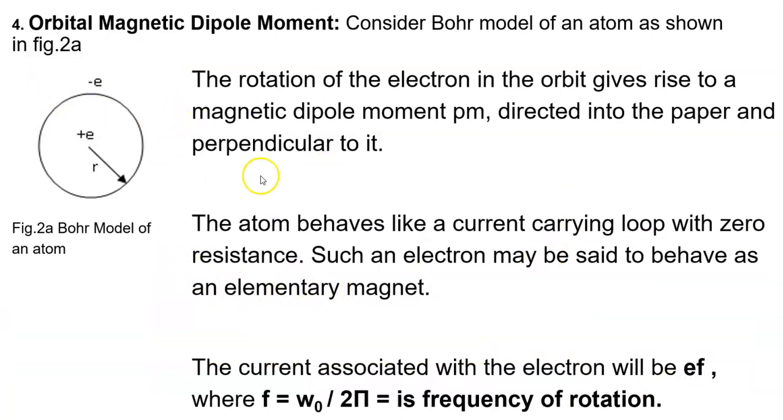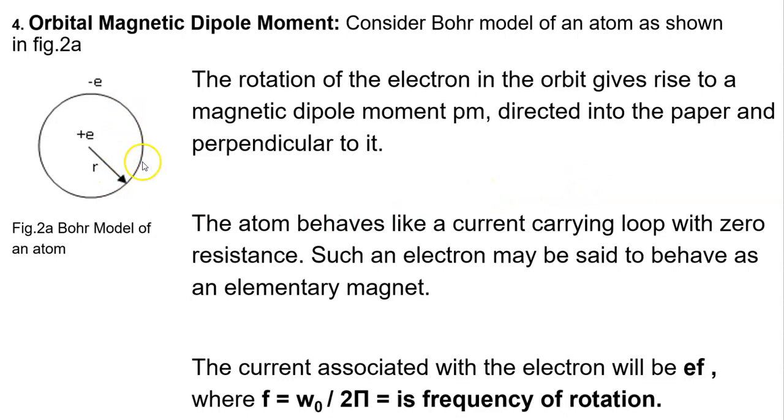Orbital magnetic dipole moment: I have told you what a dipole moment is. When south and north poles, two poles, are displaced by some distance, they constitute a dipole moment. I have shown you the video also. Orbital magnetic dipole moment means electrons are moving, and whenever electrons move, it constitutes current, and when current flows through a wire or conductor, it produces a magnetic field.